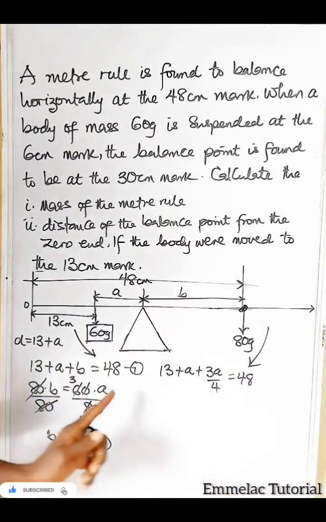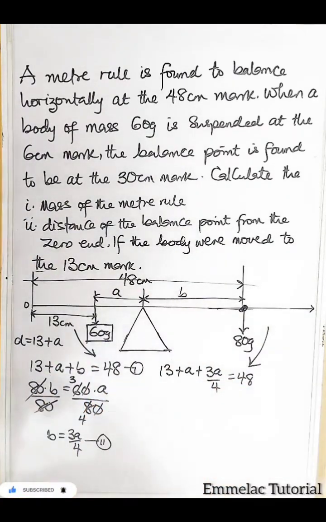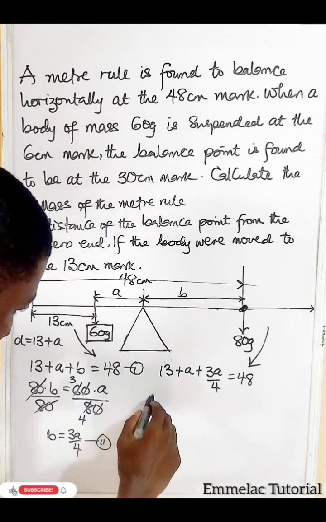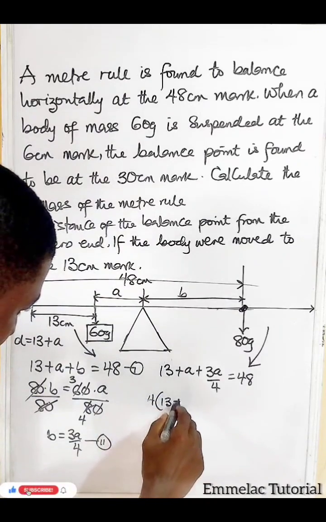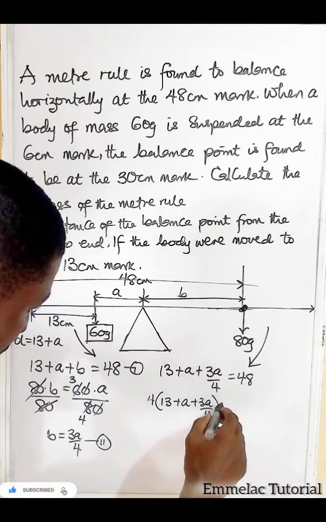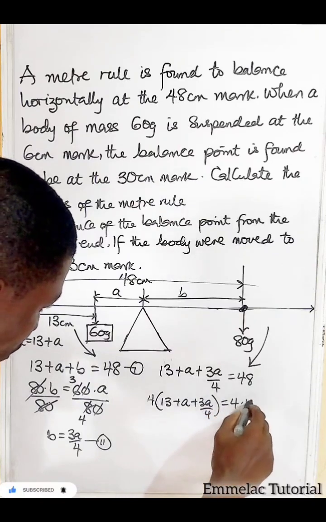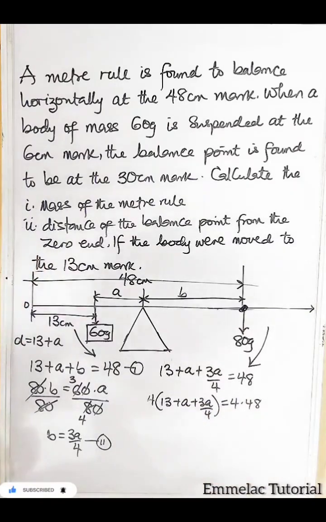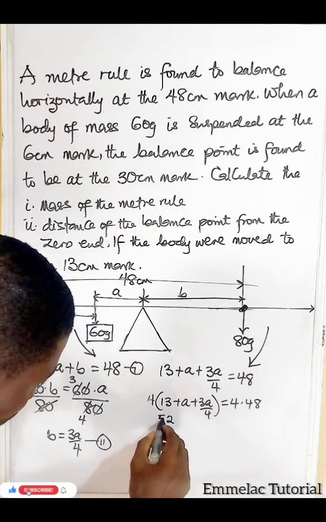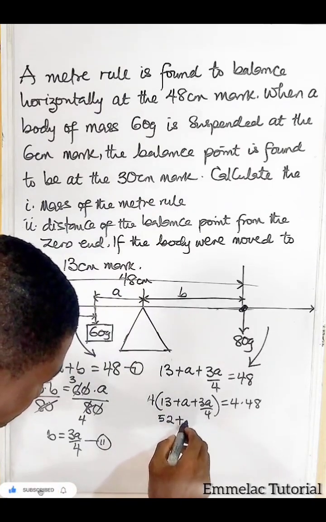Now let us multiply both sides by 4 so that we have a linear equation. So we have 4 into 13 plus A plus 3A all over 4, equals 4 times 48.